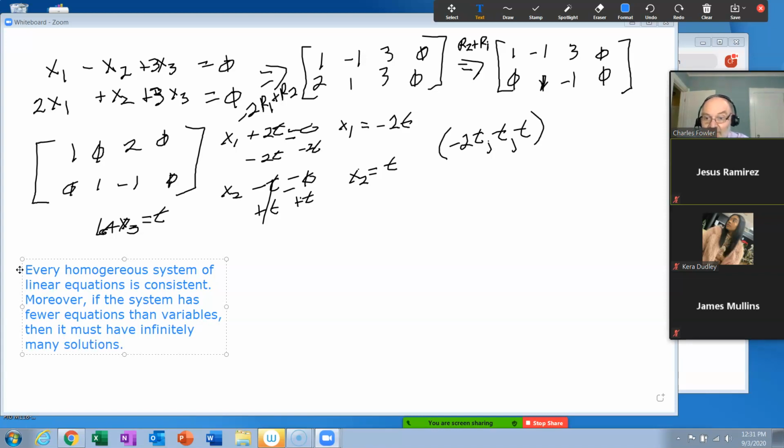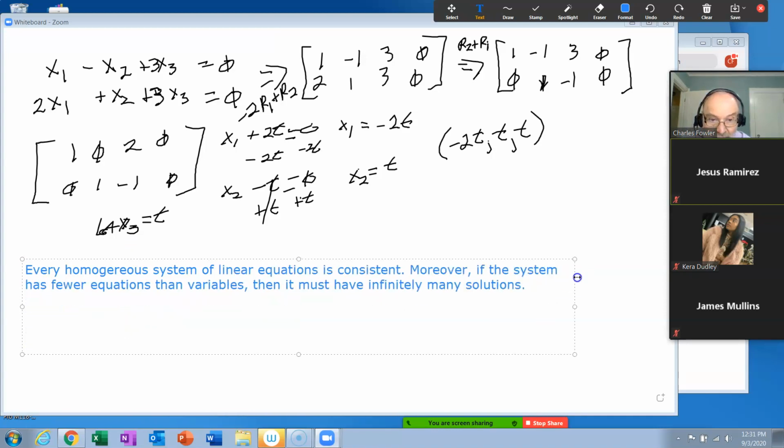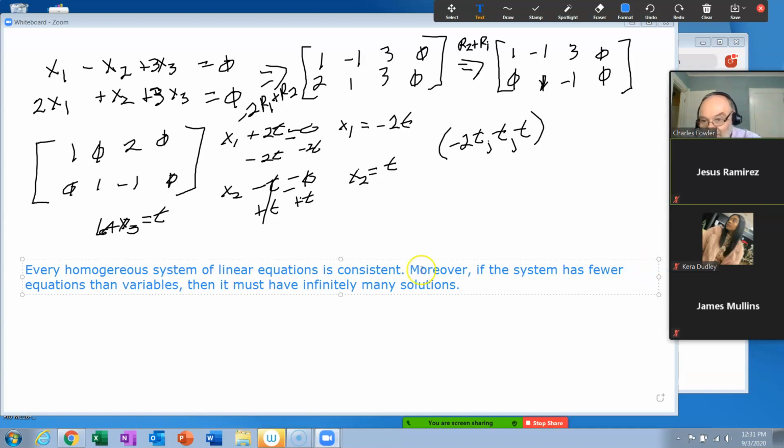Now, this was basically exactly what that discovery was leading us to get. Both sentences here were included in that discovery. The first of those, every homogeneous system of linear equations is consistent.